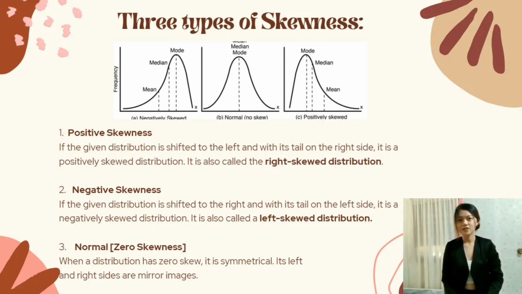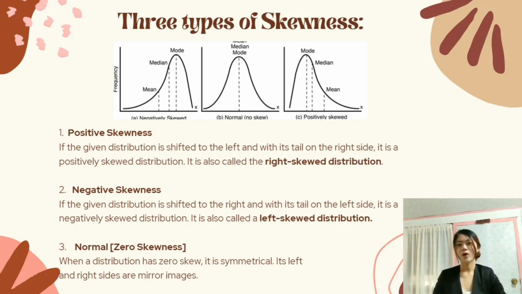As the name suggests, a positively skewed distribution assumes a skewness value of more than 0. Since the skewness of the given distribution is on the right, the mean value is greater than the median and moves towards the right, and the mode occurs at the highest frequency of the distribution.